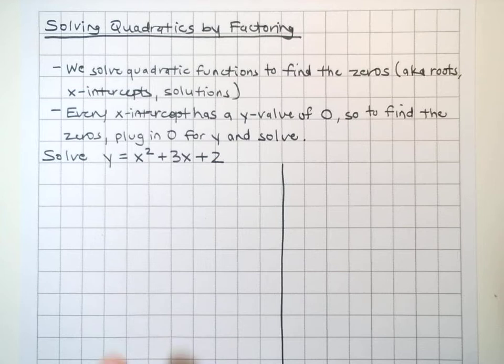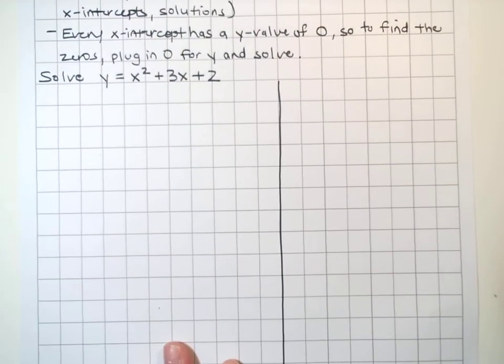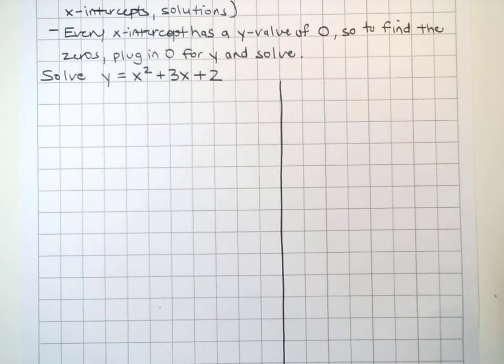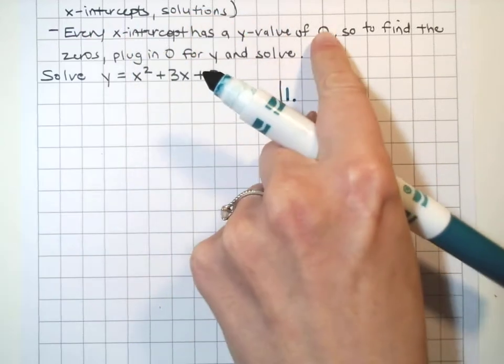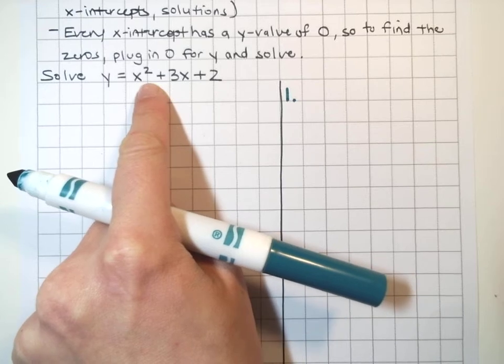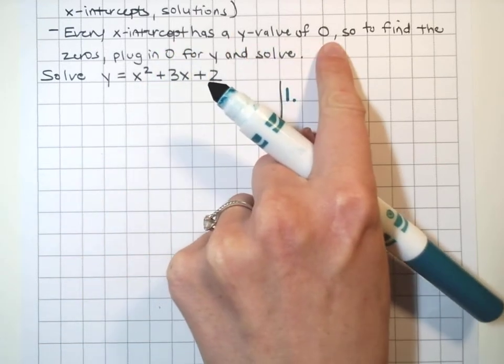It's going to be a little bit tight because I wasn't supposed to skip a line there. Try to squeeze it all in on this one page. So the first step is we said we're trying to solve for the x-intercepts, right? The zeros are the x-intercepts. So we know that every x-intercept has a y value of 0.